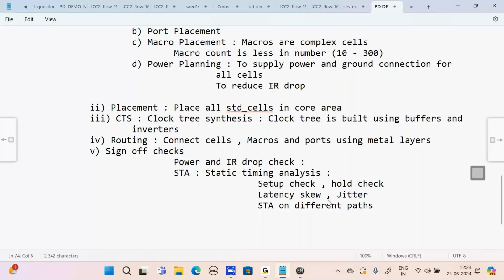So next is multi-cycle path. False path. So next we cover asynchronous timing.